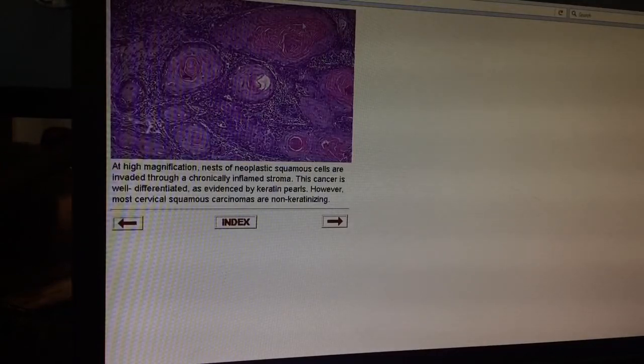This is called keratinizing squamous cell carcinoma. We can find this keratin either extracellular or intracellular, and it is pathognomonic for keratinizing squamous cell carcinoma. As you know, most squamous cell carcinomas of the cervix are non-keratinizing.